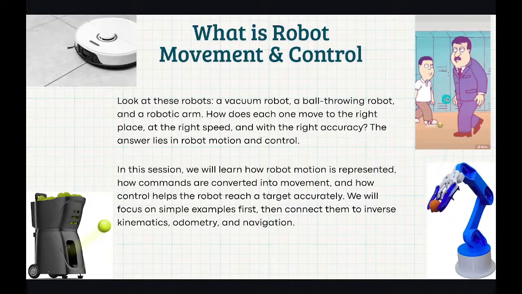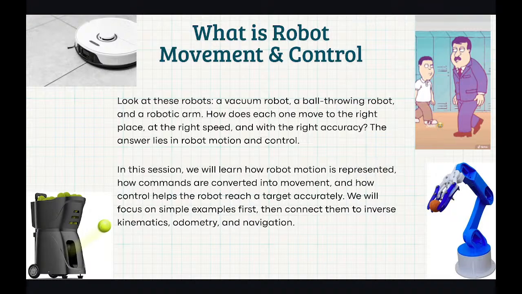Okay, if you look at a robot, how do you think it moves? How do you know how to turn it properly? There are motors, but how do you know which speed to go at? And how does it accurately judge where it needs to go? If you tell a robotic arm to go to some position, say 2 comma 3 comma 5, how does it go to that position accurately?